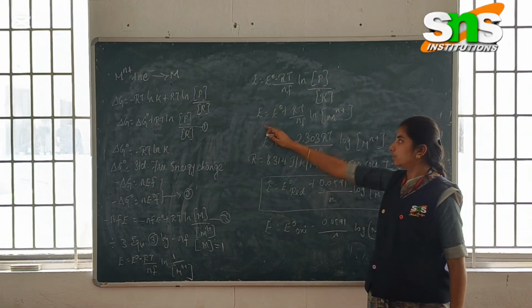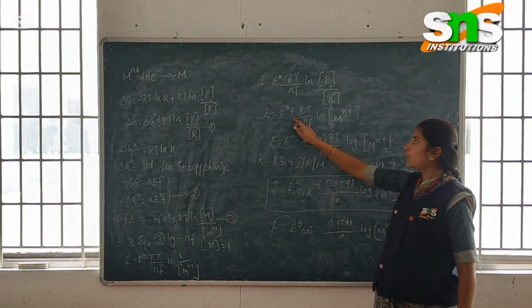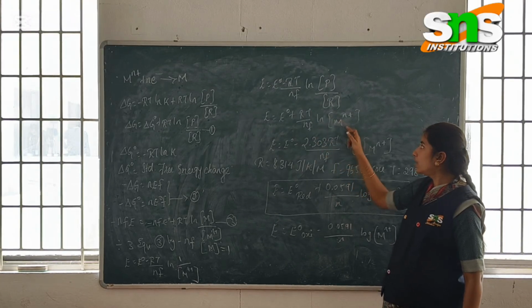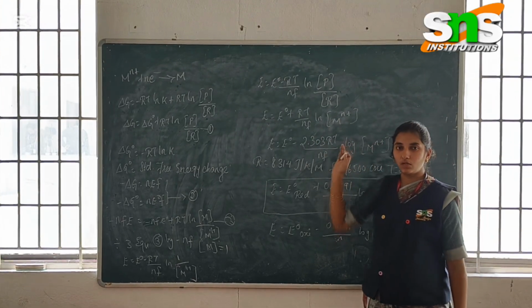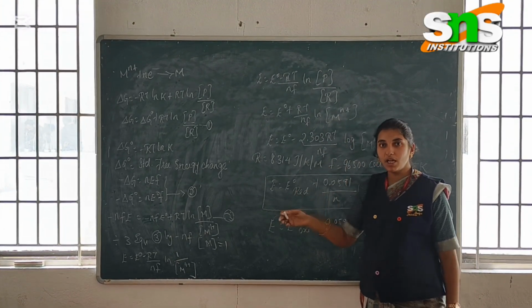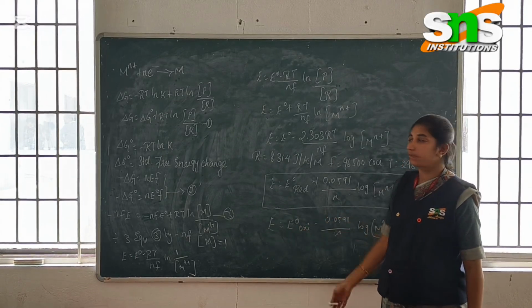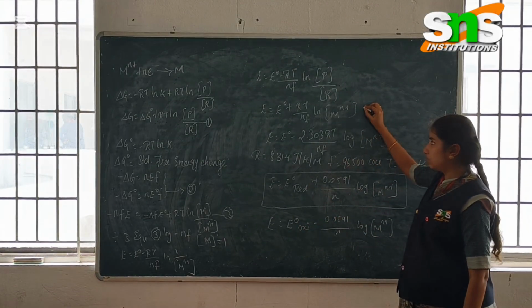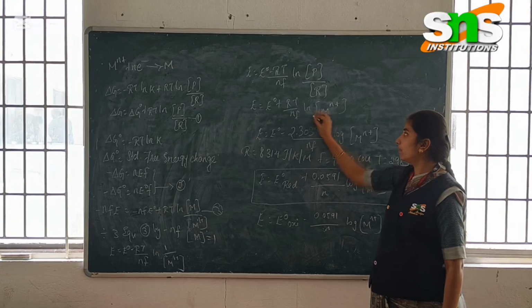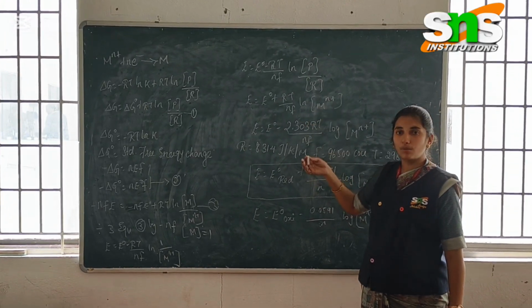We get the equation E equals E naught plus RT by nF ln Mn+. This is the equation format for how the electrons are transferred using Mn+, and we take the log of Mn+.